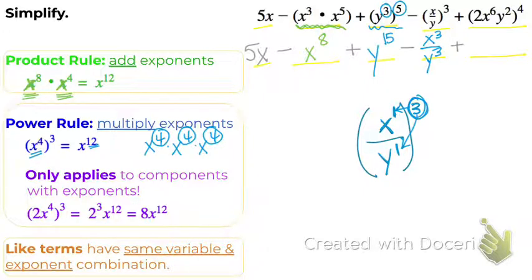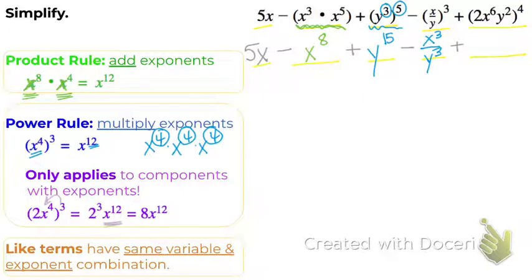Now there is one other thing you need to pay attention to when you're using the power rule. This only applies to the components of your term that have exponents. So if we look here in the purple, what this is saying is x to the fourth to the third power, just like above, that gives us x to the 12th, but this is saying 2 to the third power, which is 2 times 2 times 2, which is 8. So watch out for that.